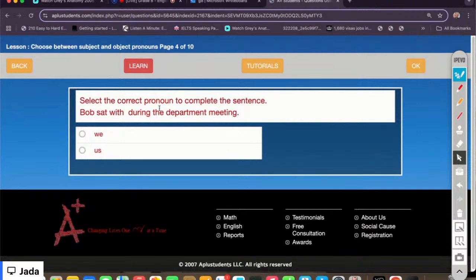So we have, Bob sat with dash during the department meeting. With us or with we? Which one is the right answer here? Okay, sat with us.